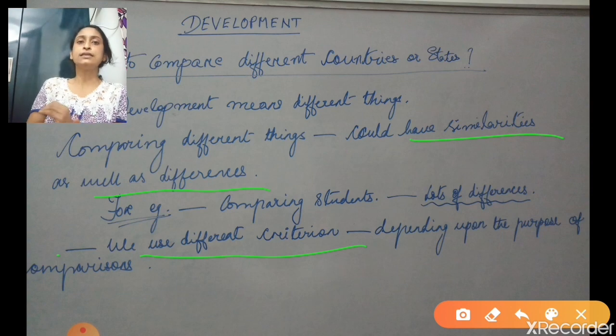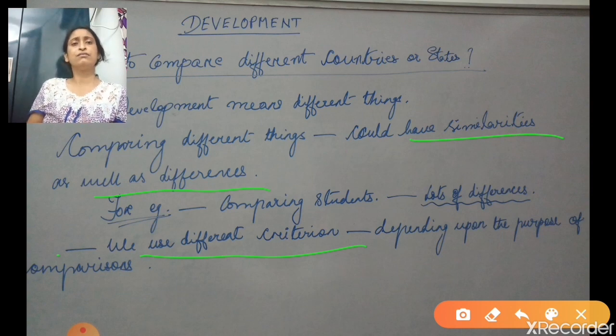A set of criteria would be taken, like academic achievement, the IQ of the students, etc. But if next time you have to select a team for an inter-DPS football tournament, definitely it won't be academic excellence or IQ. It would be other criteria like physical activeness and participation in games.